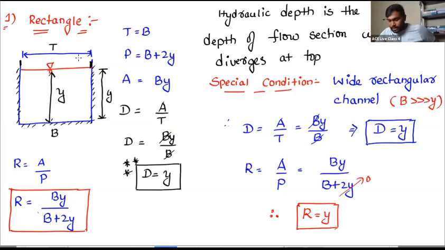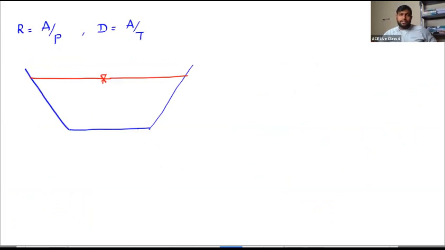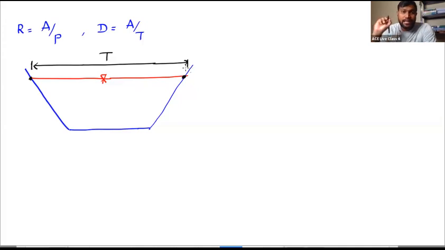So for that, what I'm going to do is, you know, this is the top width. By not changing the top width, so T is equal to constant, you try to inscribe a rectangle and a triangle.